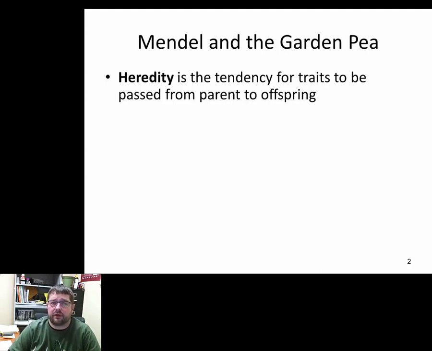But Mendel was a monk. Okay, an Austrian monk. But at the time, it didn't really matter who you were because no one knew how traits were inherited, how material was passed from parent to offspring.